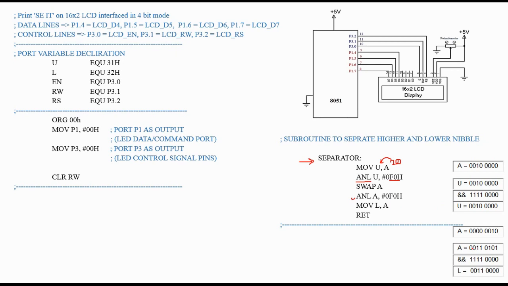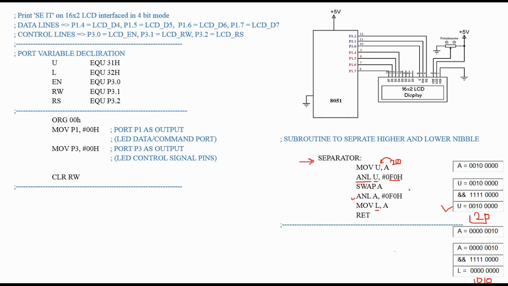As we are masking the lower nibble, the content will become like this, all the bits will be 0, and that 0 we will move into L. So here U contains 2 0 and L contains 0 0. If we focus on those bits, here we have extracted 2 and here we have extracted 0 separately.